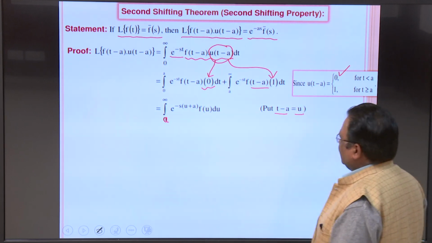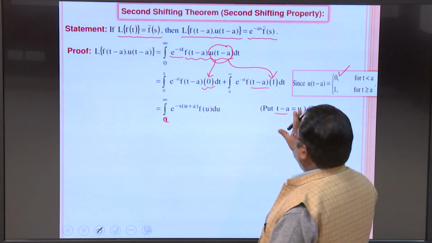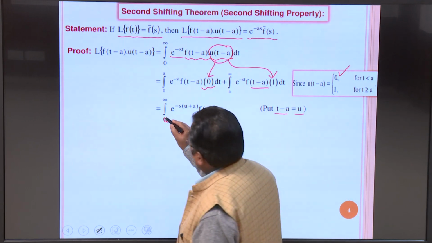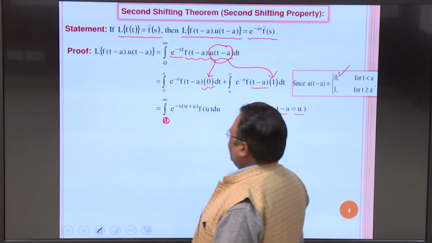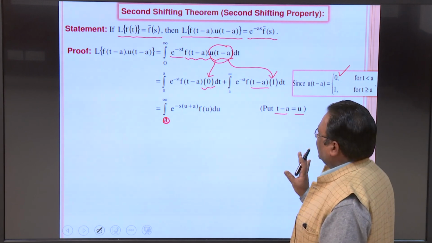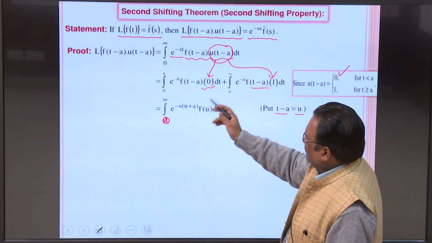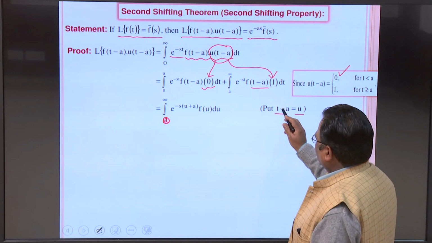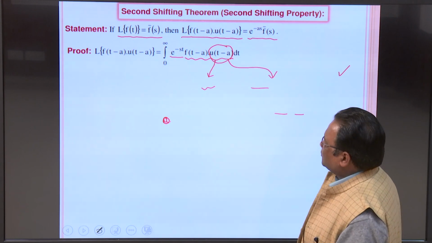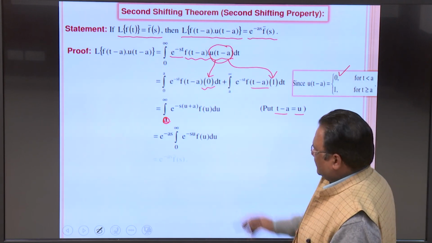So when we substitute t minus a is equal to u, clear? When t is equal to a, u becomes 0, so the limits become 0 to infinity. Now solve this component.